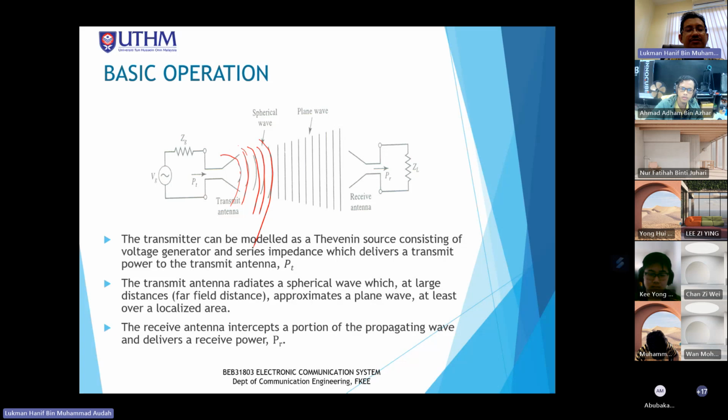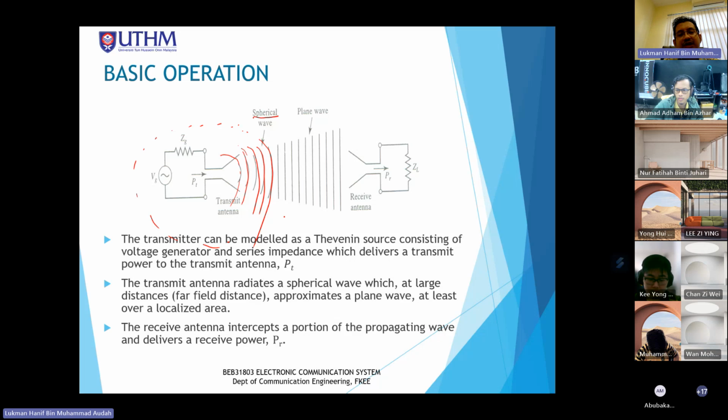This is a spherical wave. Why does it show a spherical form? Actually, if you draw it, it is a part of a sphere, so it's a spherical form.